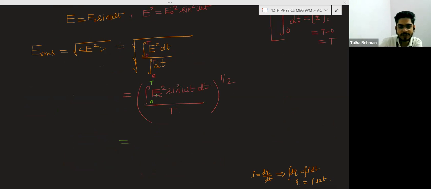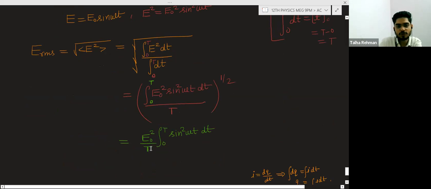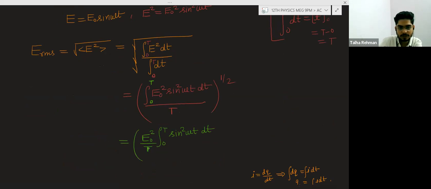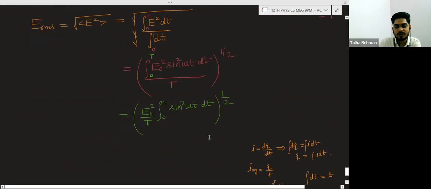So this is a constant value, and you can take it out of the integration. Now you have to integrate 0 to T sine square omega t. And here is T, which will be in the denominator, and this whole thing has power half.